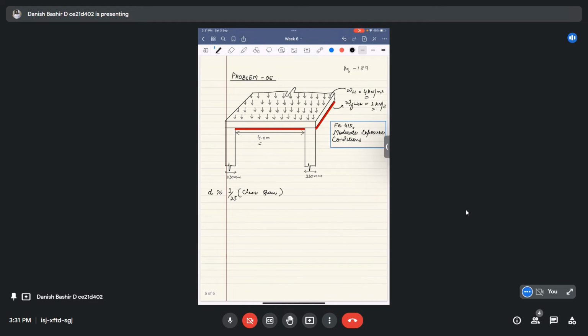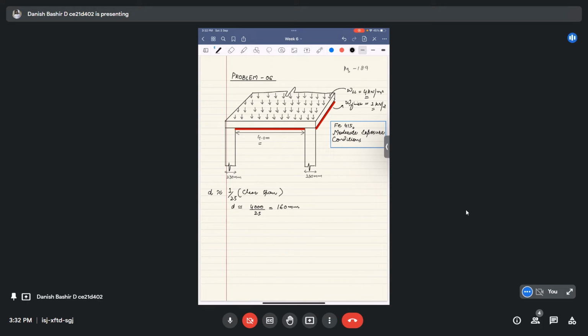So effective depth d is approximately clear span 4000 divided by 25. We get an effective depth of 160 mm, so let us keep 160 mm for the time being.